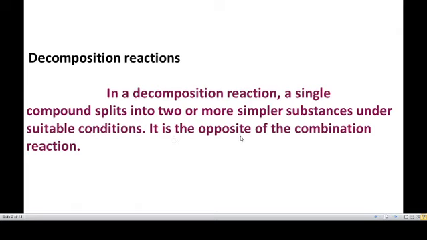It is the opposite of the combination reaction. In a combination reaction, two reactants are involved to form a single product. In a decomposition reaction, a single compound splits into two or more simpler substances.